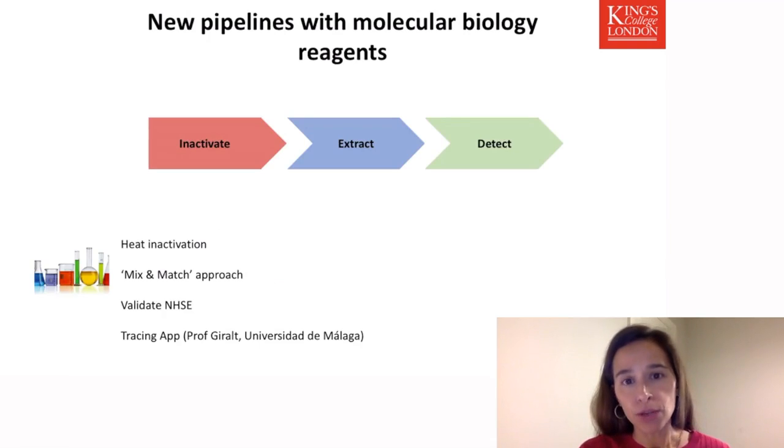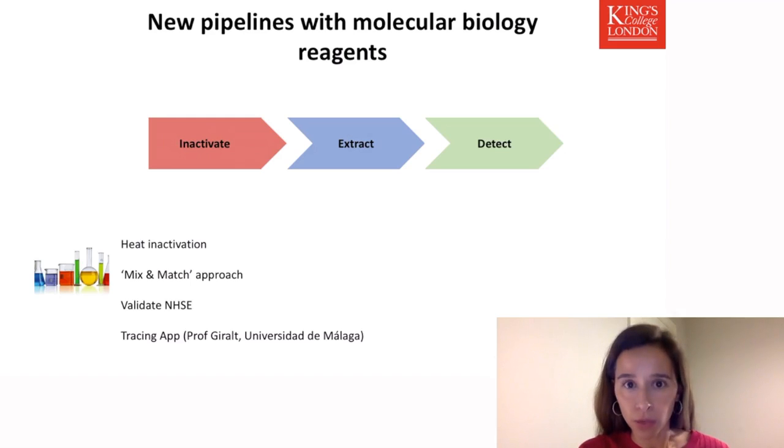Here you see a very simplified flowchart of how CoV-2 is diagnosed. We first always need to inactivate the virus because the samples are potentially infectious. We then need to extract the genetic material of the virus, which we then need to detect. So what we have been developing in the June Almeida Lab are protocols of heat inactivation.